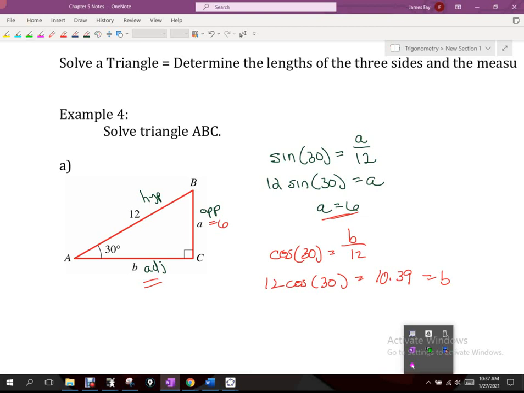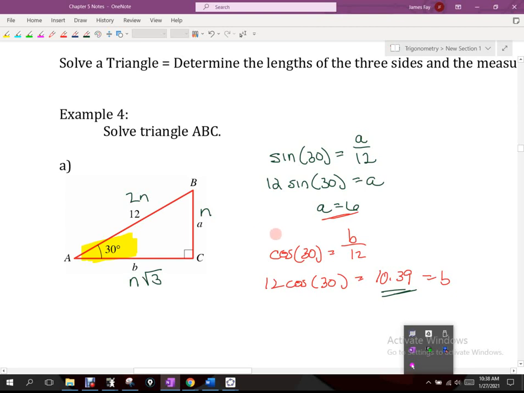However, a rule of thumb is if they use a multiple of 30 or a multiple of 45, they are going to want your answers to be exact. And this 10.39 is not exact. If this is a 30, 60, 90 triangle, don't we know that the side opposite the 30 should be n, the hypotenuse should be 2n, and the side in the middle should be n radical 3?